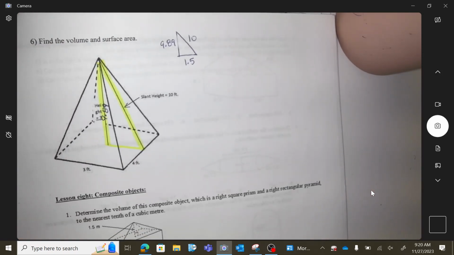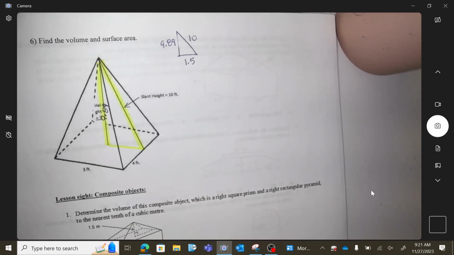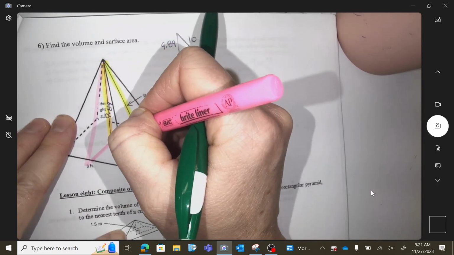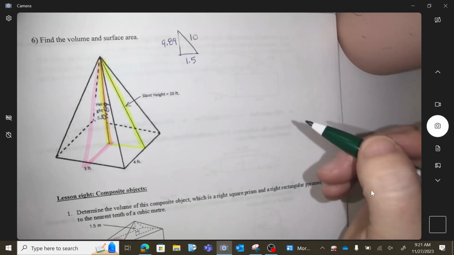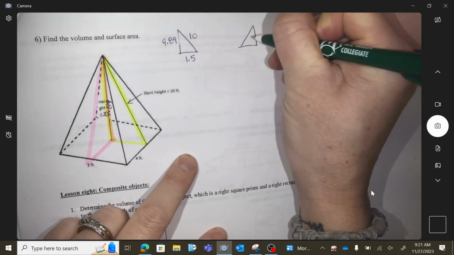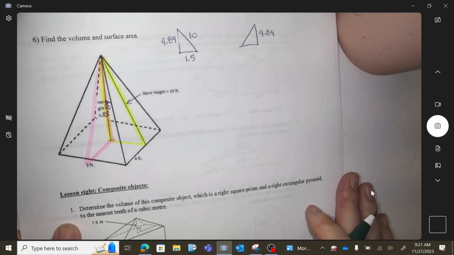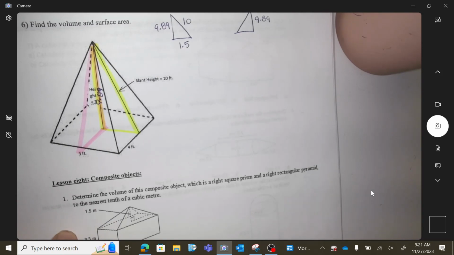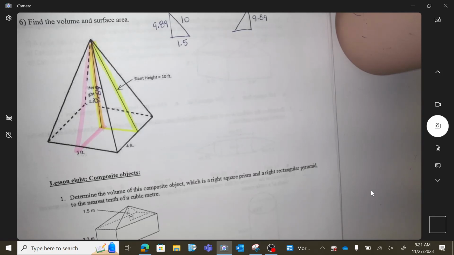Okay, so why is this triangle harder than the one we did in our book? Because this is 4 and this is 3, they're different. So here, I have to make you visualize another interior triangle. Now I can transfer 9.89 as a height, no matter what. Now I'm looking at my pink triangle. What is along the bottom of this pink triangle?